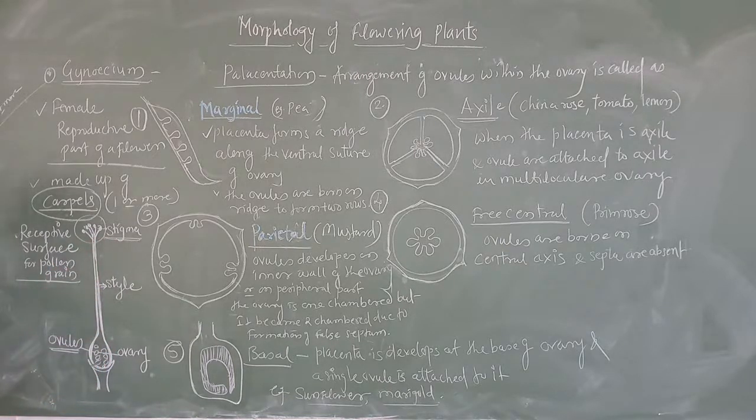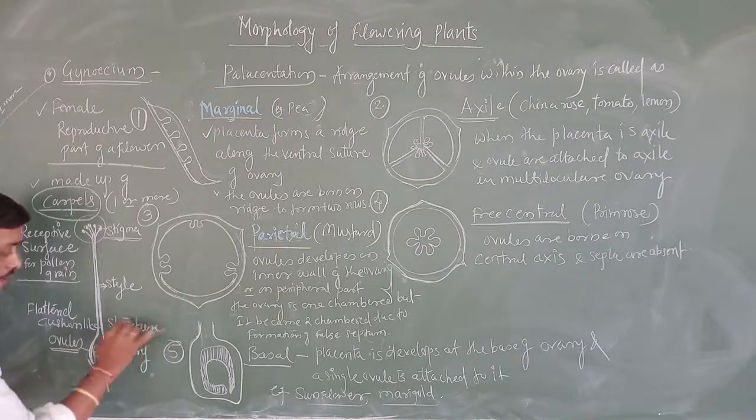Then the stigma at the end of the carpel is the receptive surface for the pollen grain. And in the ovary we get a flattened cushion-like structure.